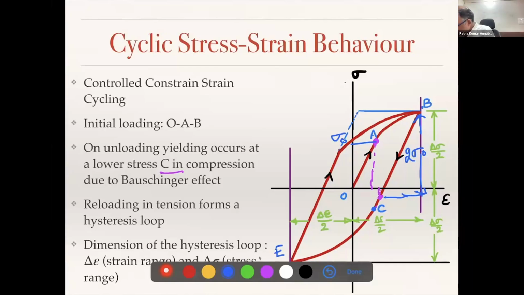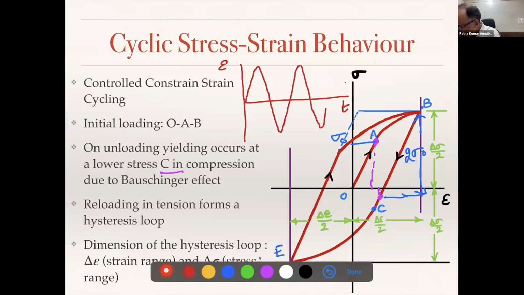Now, if you carefully observe, this is the entire strain range. Like you had a stress range, now you have a strain range. So if you plot strain as a function of time, it is going to a maximum value and a minimum value, maximum value and minimum value, maximum.